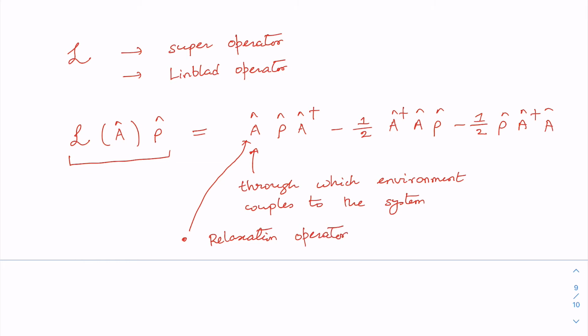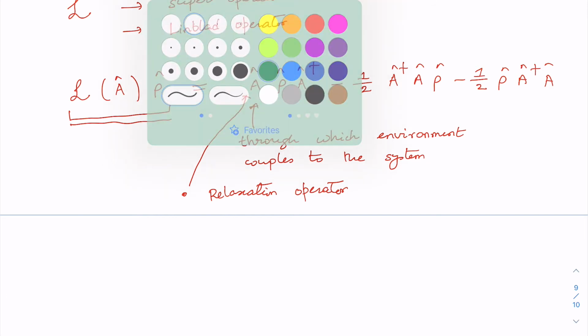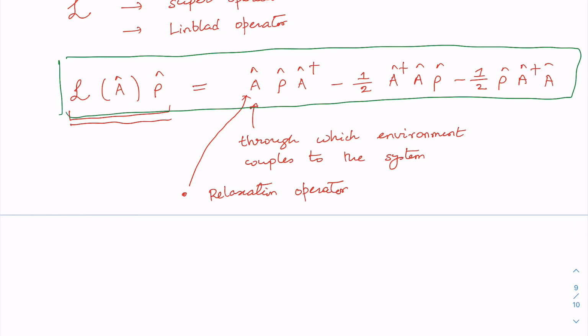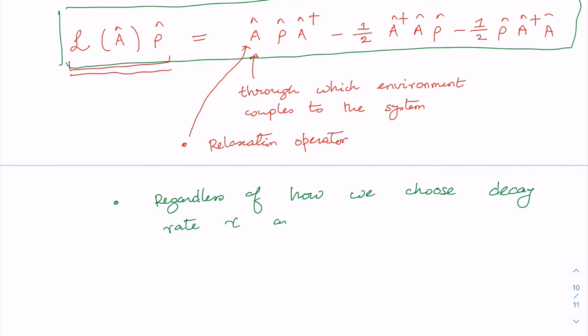This specific structure of the Lindblad operator in the master equation is extremely important because it is the only form which ensures that, regardless of how we choose the decay rate gamma and the relaxation operator A, the density operator rho remains Hermitian.